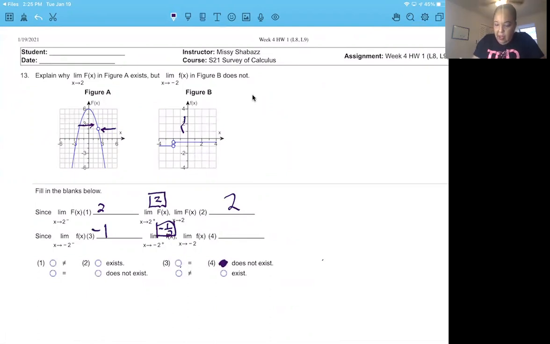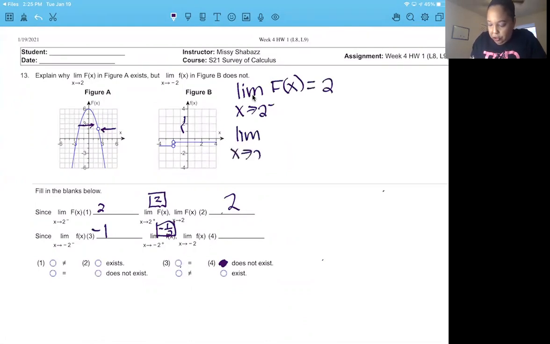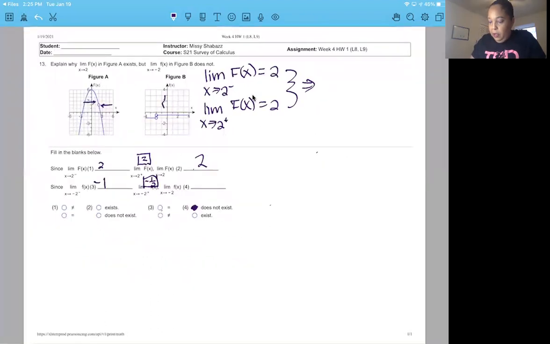I'm going to write this over here because I just feel like this doesn't make sense. So the limit in figure A as x goes to 2 of big F of x from the left equals 2. The limit as x goes to 2 from the right of f of x is 2, which tells me the limit exists as it goes to 2, which is 2.